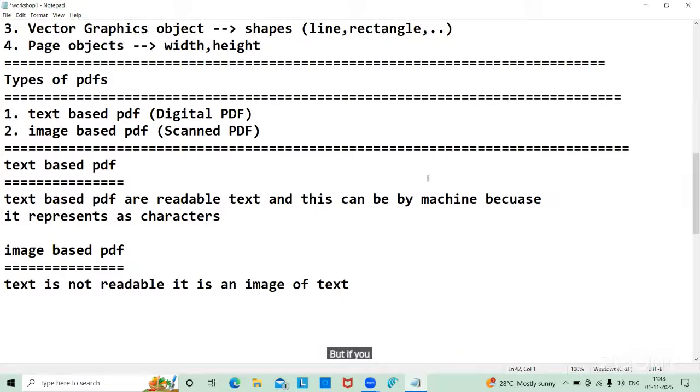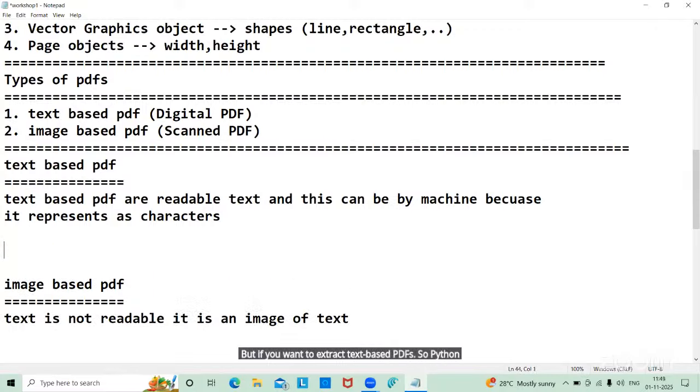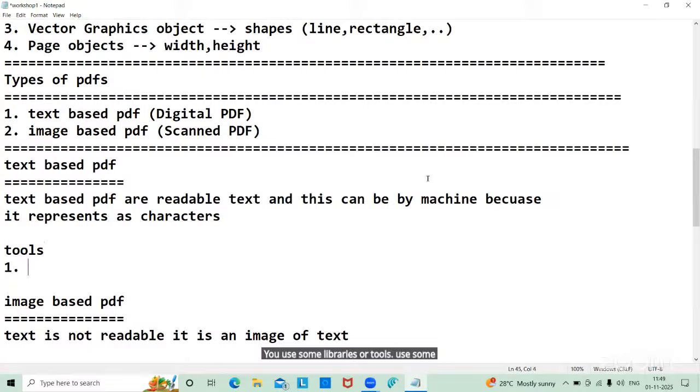But if you want to extract text from text-based PDFs, Python provides some libraries. You use some libraries or tools for reading text-based PDFs.